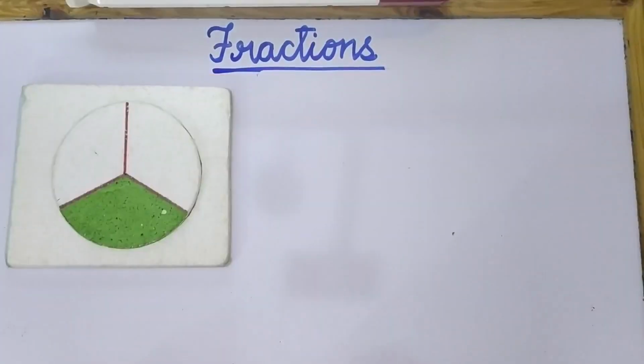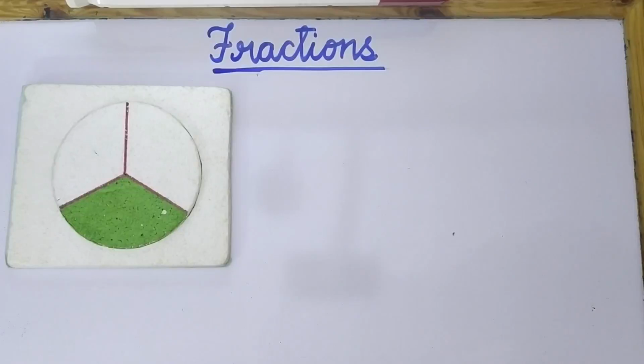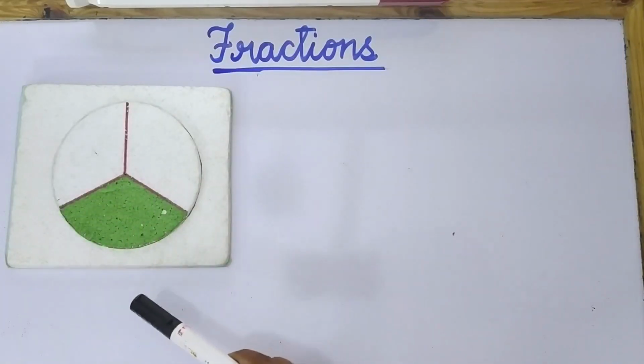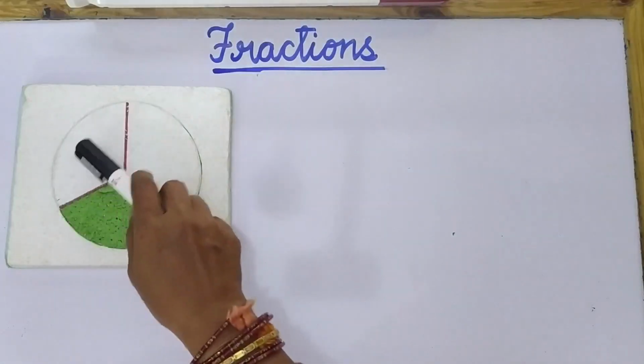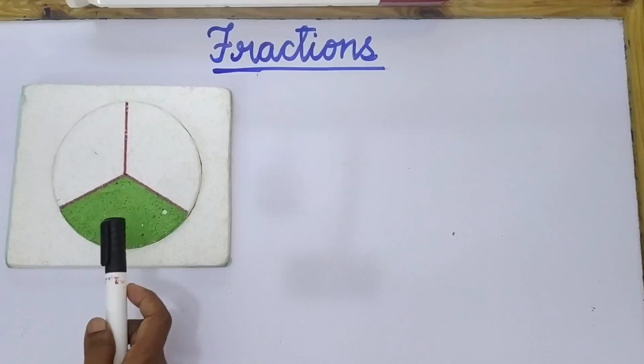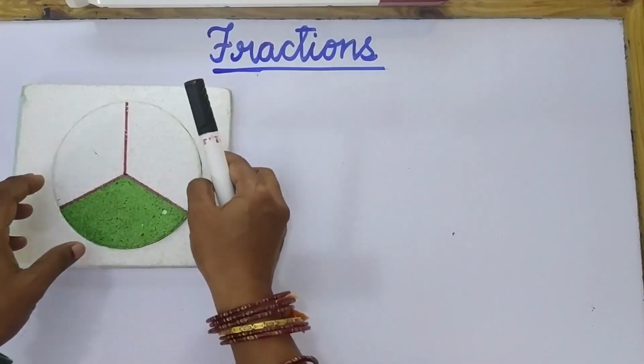Then what about this? Count how many equal parts. Here this whole circle is divided into 1, 2, 3 equal parts. And one part is shaded or colored. So how can you write it?